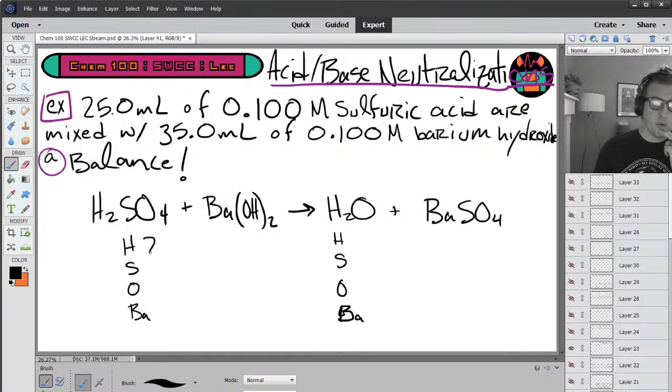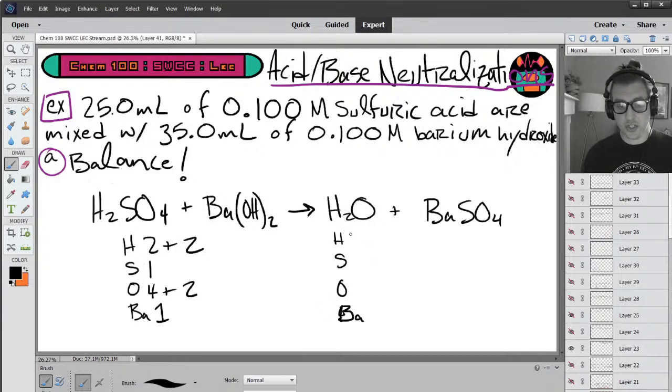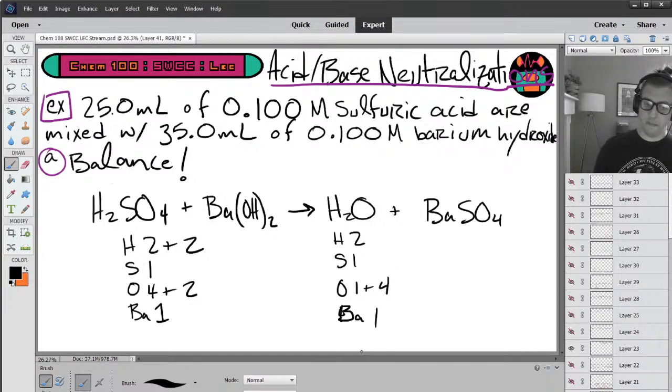We have 2 hydrogen from sulfuric acid plus 2 hydrogen from barium hydroxide, 1 sulfur atom, 4 oxygens from sulfate, 2 from hydroxide, and 1 barium. On our product side, we have 2 hydrogens, 1 sulfur, 1 oxygen from water, plus 4 from barium sulfate, and 1 barium.